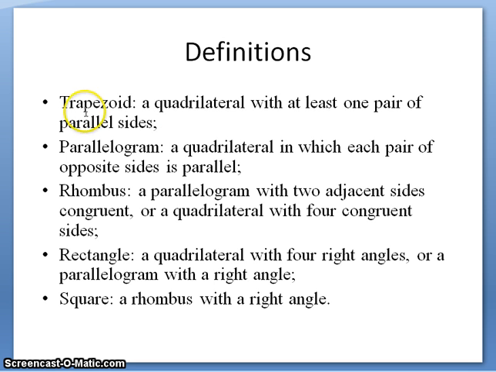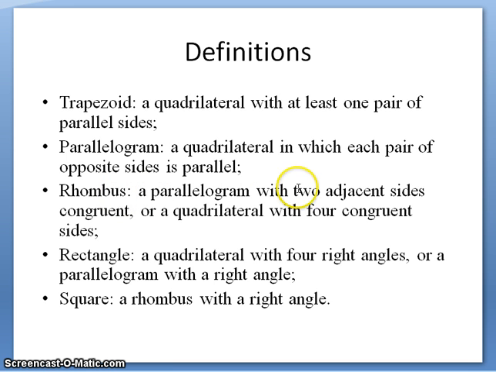So these are definitions: trapezoid, a quadrilateral with at least one pair of parallel sides; parallelogram, in which each pair of opposite sides is parallel. So we have to prove two pairs of opposite sides are parallel.